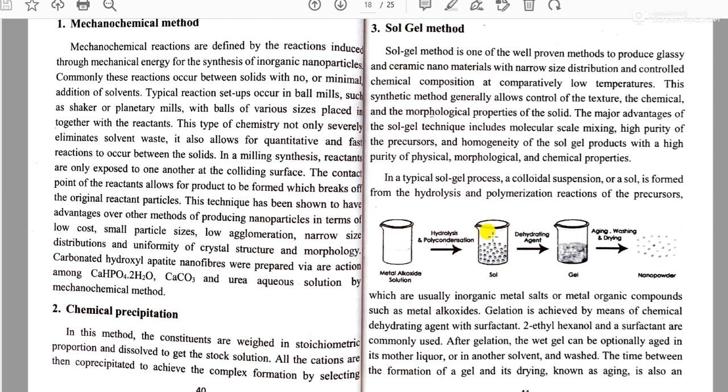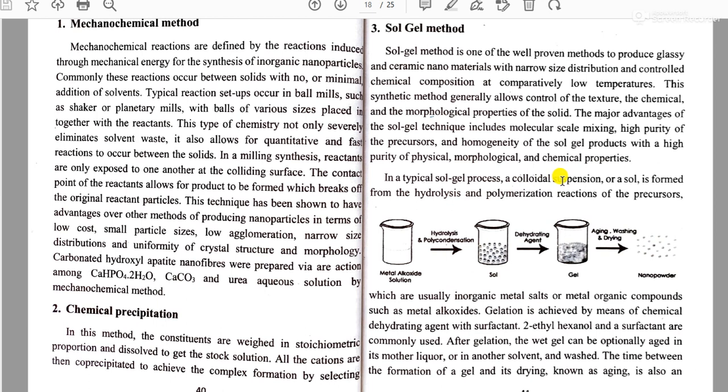After obtaining the sol, you use a dehydrating agent so that you can remove the water molecules, and in this step you will get the gel form. Then this gel, after aging, washing and drying, gives nano powder. So this is a representation of a typical sol gel process.